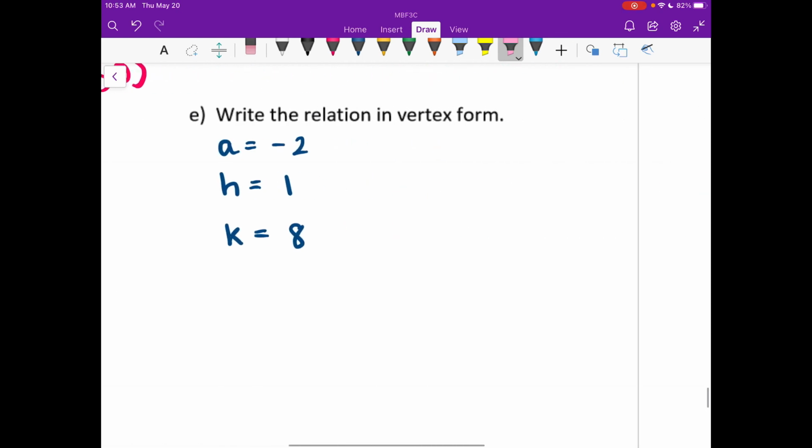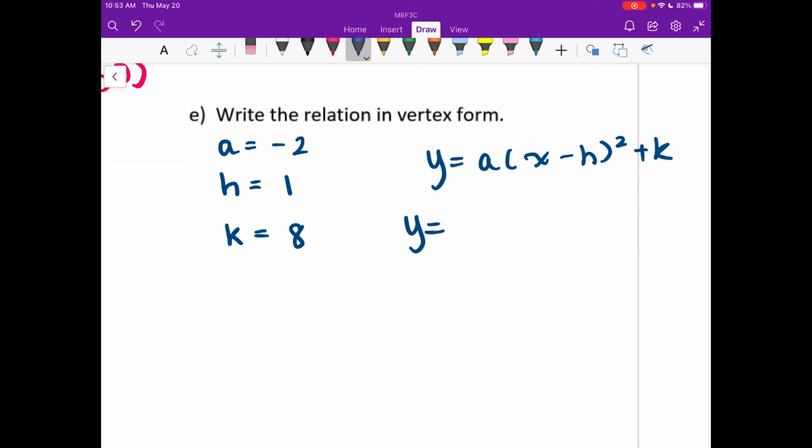Now we just need to plug in our numbers into y equals a(x minus h) squared plus k. So let's do that. Y equals negative 2 (x minus 1) squared plus 8. And that is my answer.